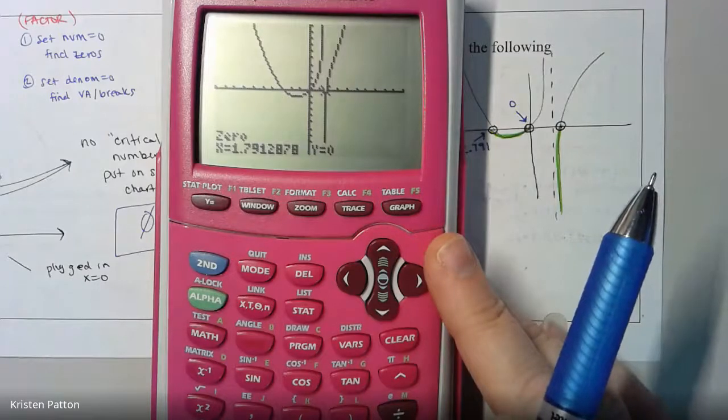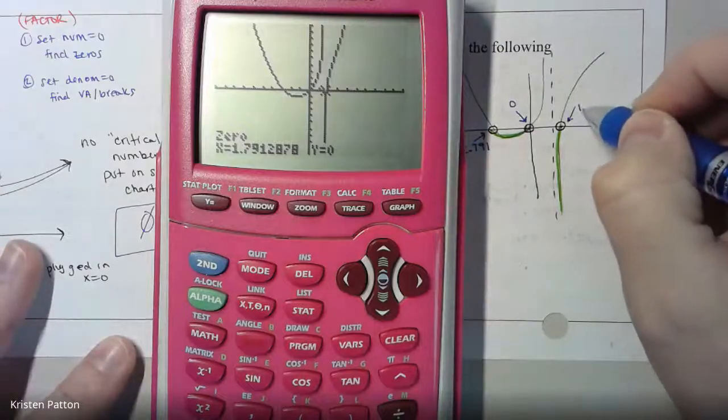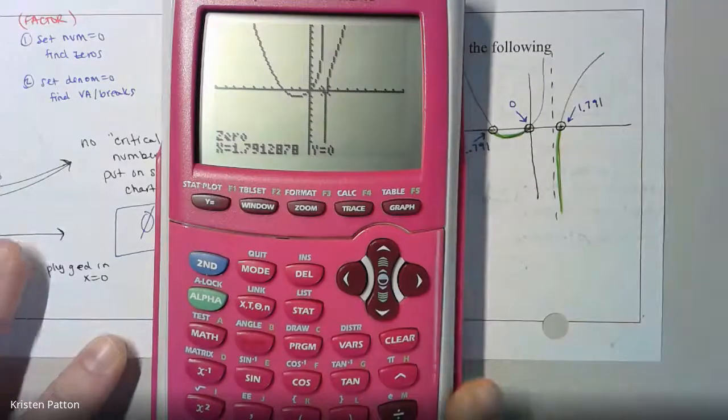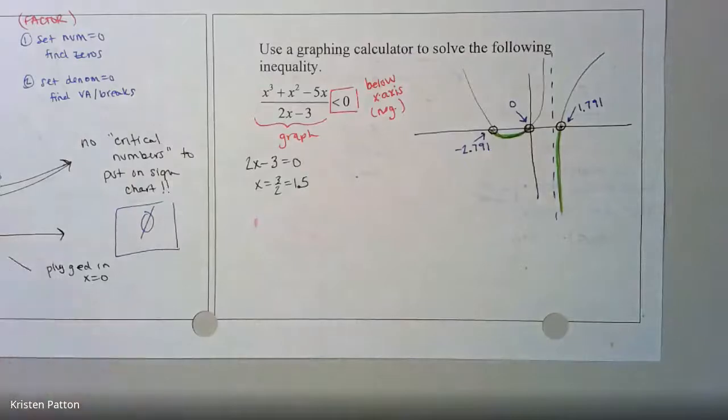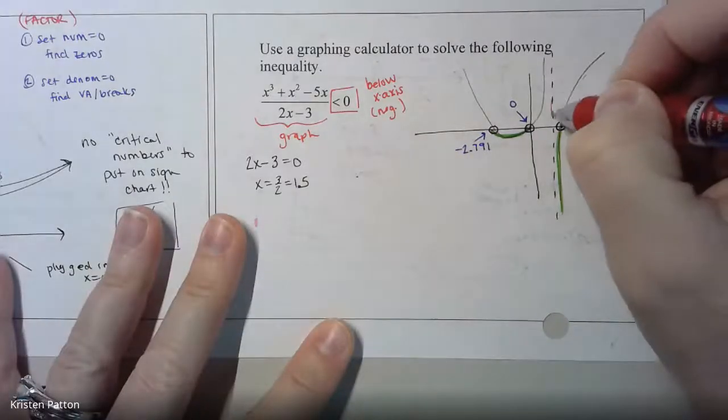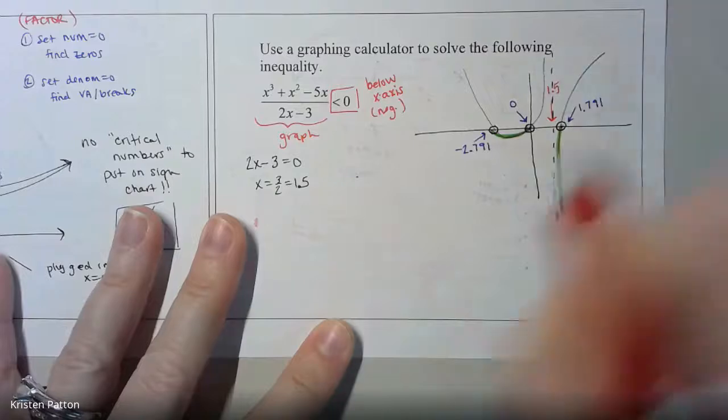And it looks like 1.791. Now remember, on Desmos, it will spit out all of those zeros for you once you graph the function. So we're just going to make sure we write all those down. Okay. So remember, I'm going to mark a little note here. This asymptote is at, we already said 1.5.